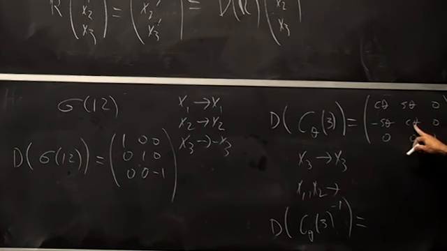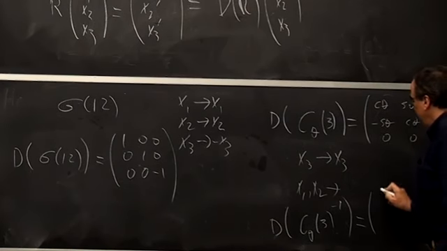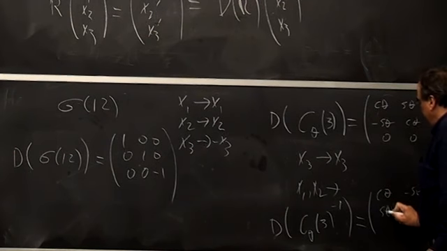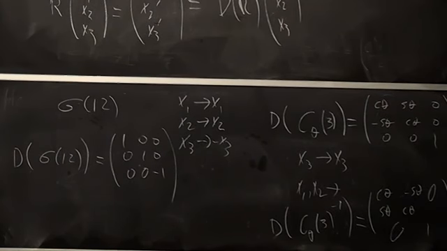Cosines don't change. They don't care about plus theta and minus theta, but sines do. And so we get c theta, minus s theta, c theta, 1.